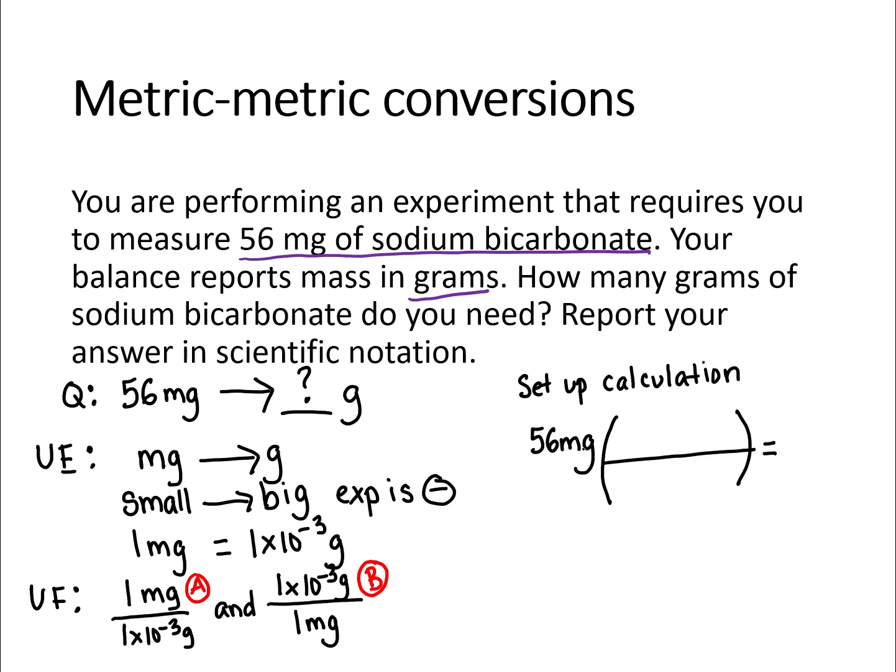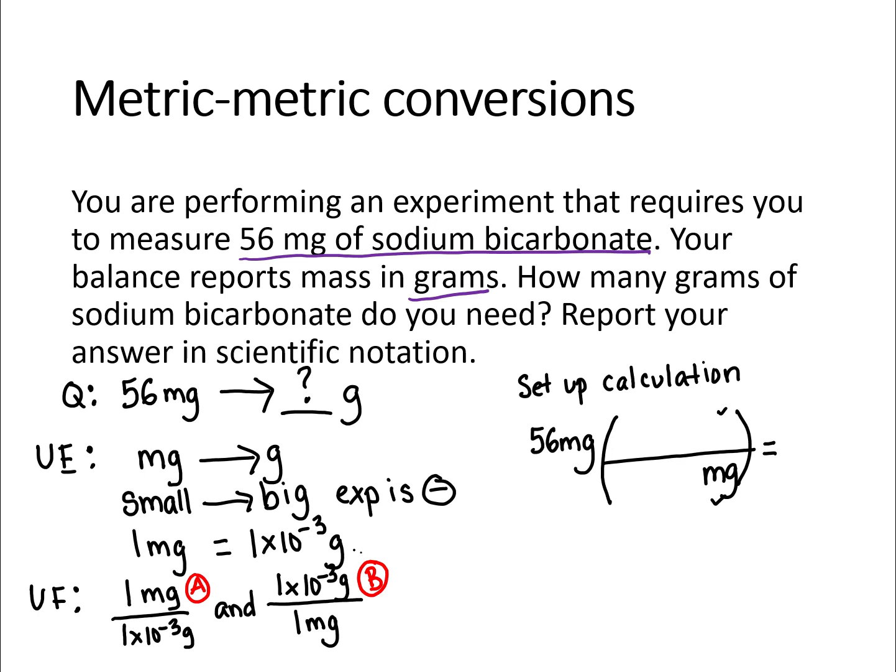If 56 milligrams is in the numerator or the top, where do we need to have milligrams, the top or the bottom, for it to cancel out? Yeah, we've got to use B. We need those milligrams in the bottom.